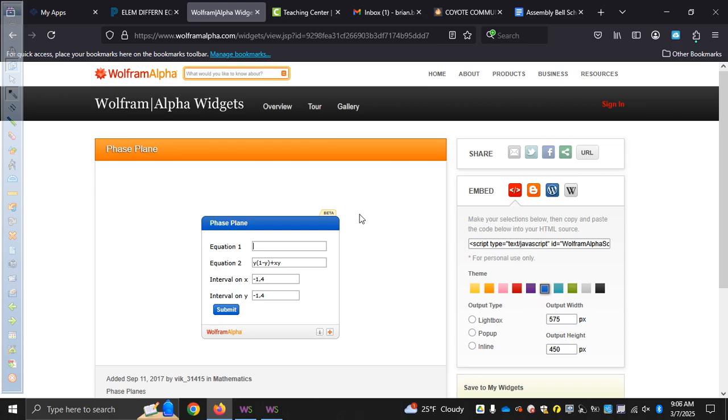Negative x plus 5y. Negative x plus y. I just have them in a different order. Negative 4 to 4. So this is just the homogeneous system.